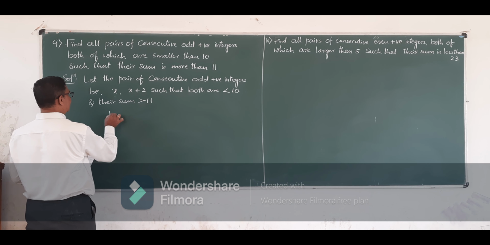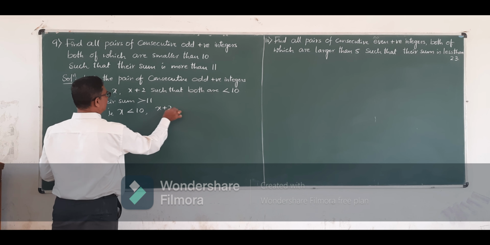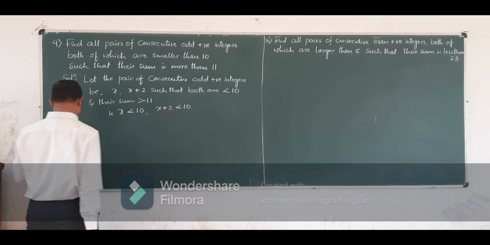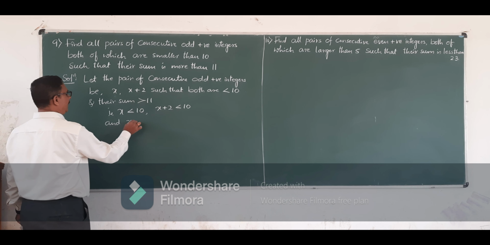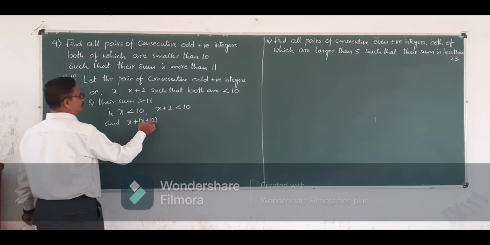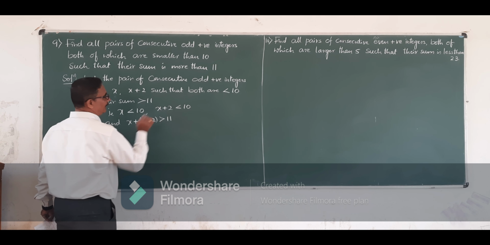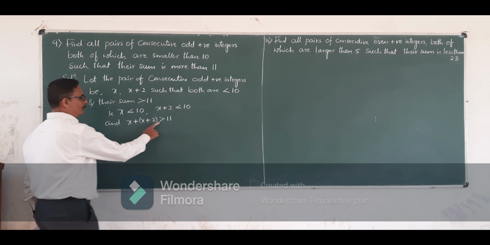So that is, x is less than 10 and x plus 2 is also less than 10. Correct? And the sum, x plus x plus 2, is more than 11. The sum of those two is more than 11.